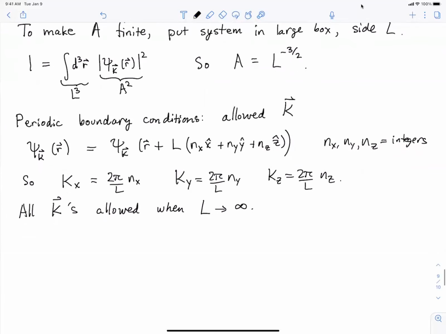Okay, so one more thing we're going to want to check later is that the final answer, meaning the cross section, can't depend on L if we've done everything correctly.